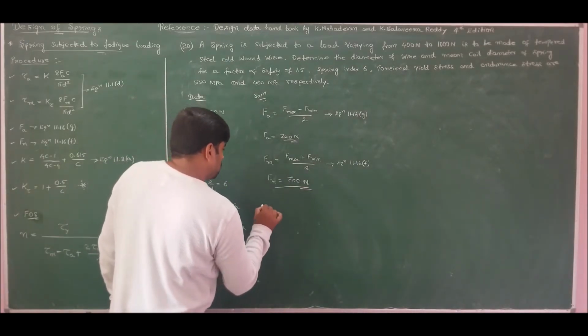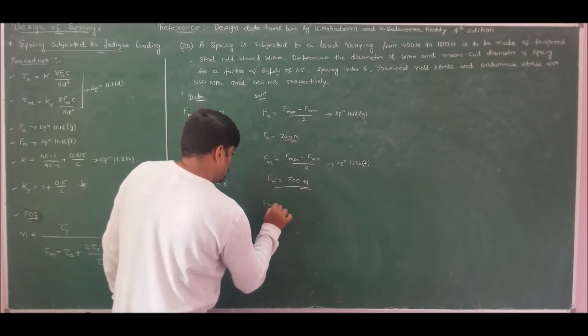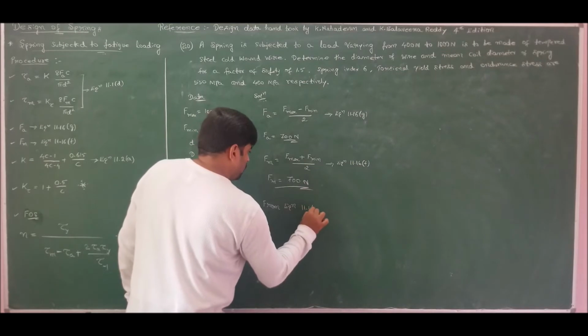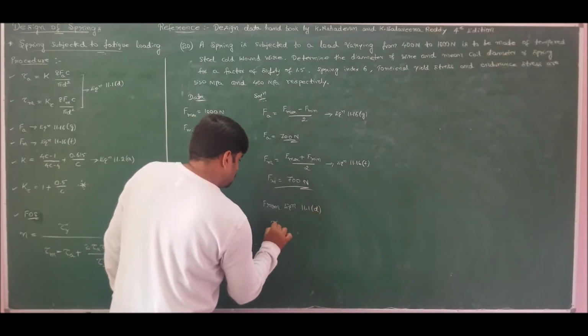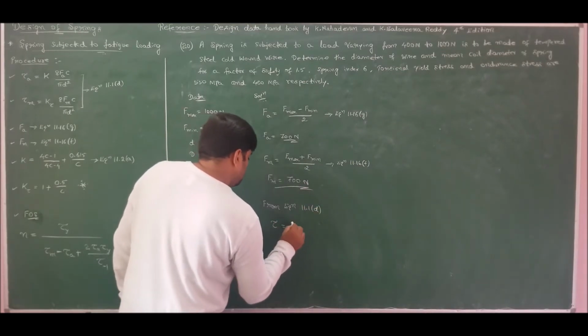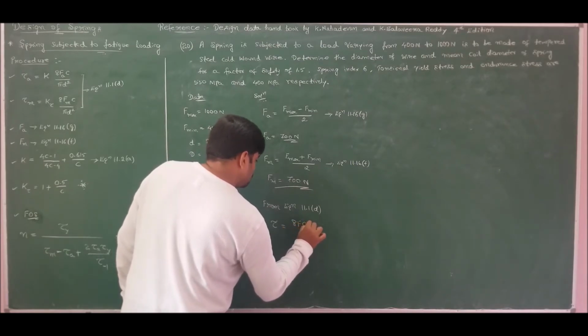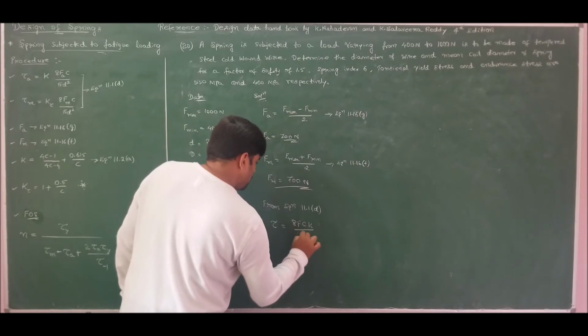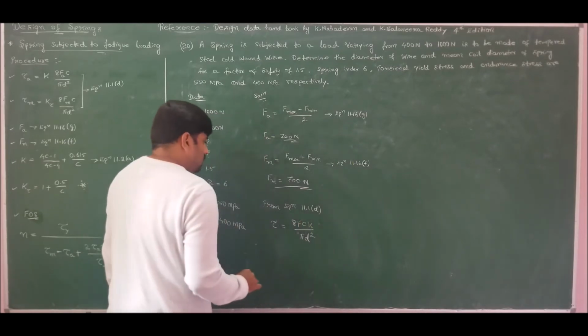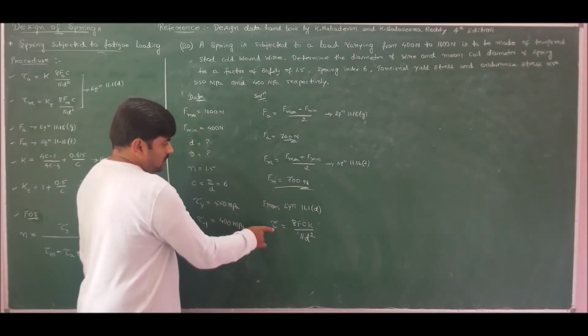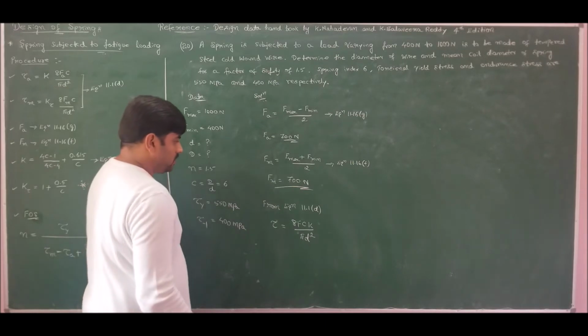From equation 11.1 D, the allowable shear stress is equal to 8 F C K by pi d square, where I should separately calculate tau amplitude and tau mean.